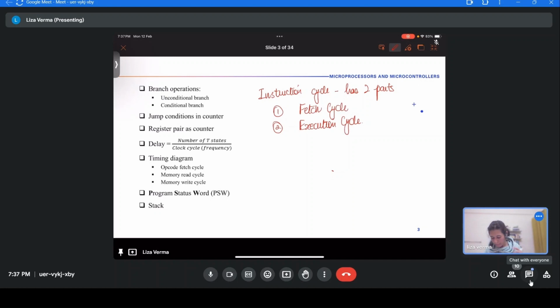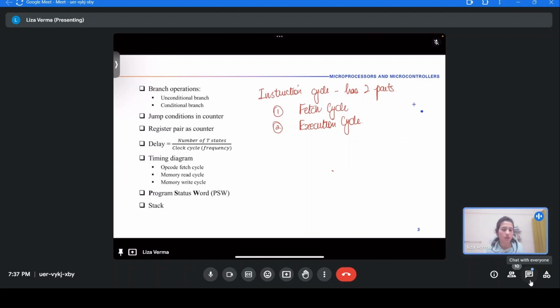So if let's say you have seen the timing diagram, right? You know that if this is the clock, this is the first T state, whatever you like to call it. Fourth, fifth, sixth, seventh, right? So the first T state starts from here, ends here. The second starts from there and ends there, and this is where the seventh one ends.